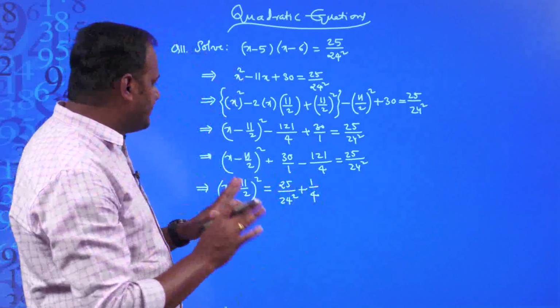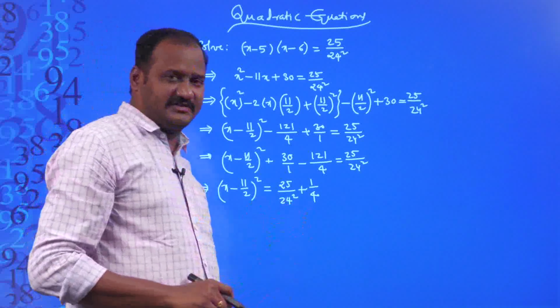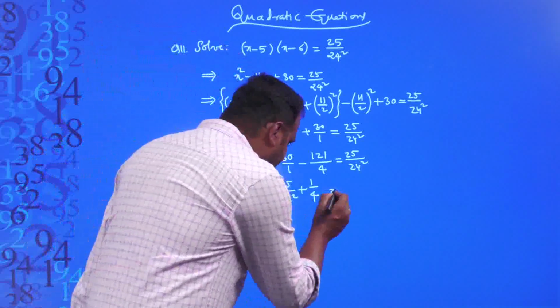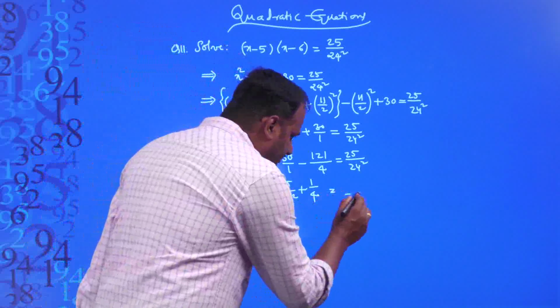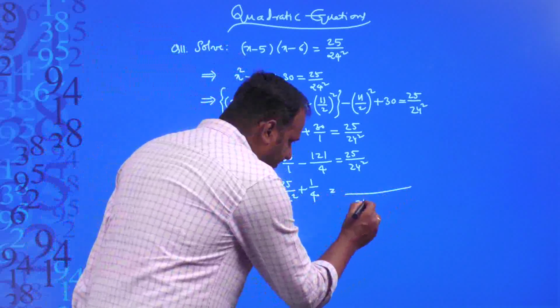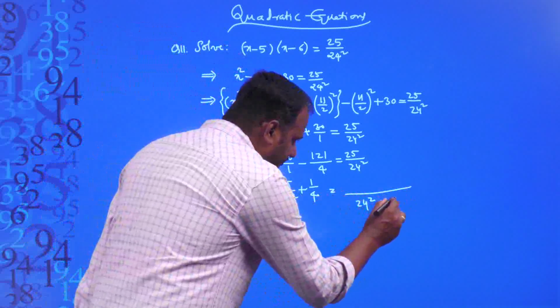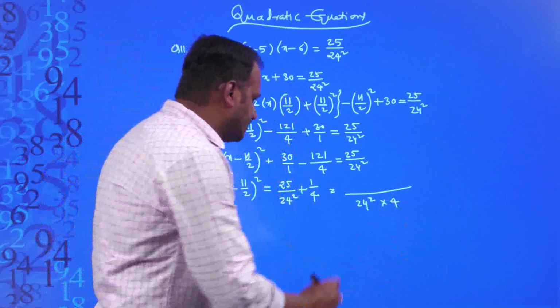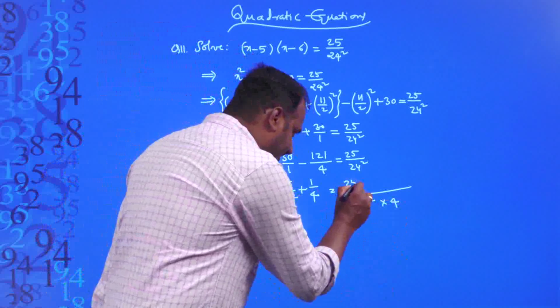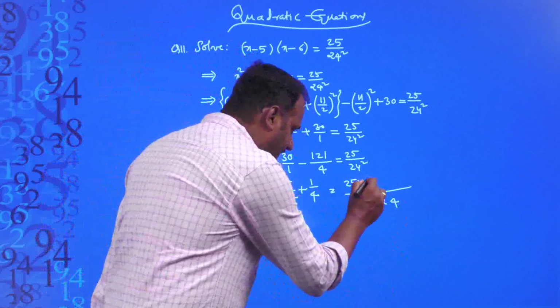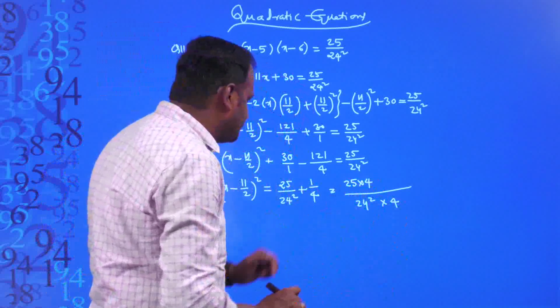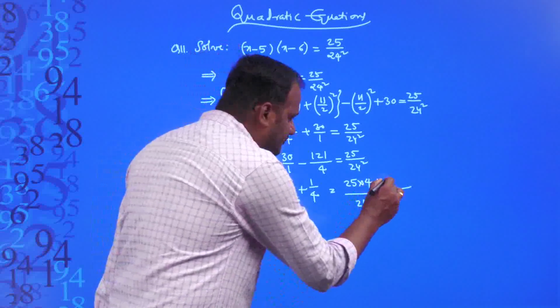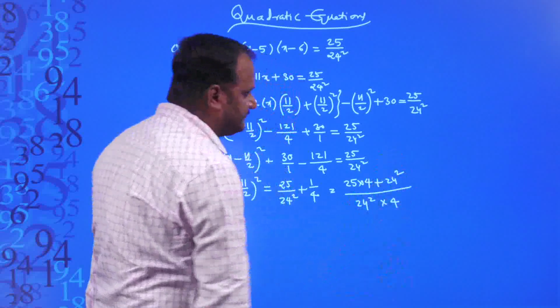I am not going to change anything, I will just try to simplify this. What is the LCM for this 24 square and 4? I will write it as it is, 24 square into 4. That is the LCM. And now 25 into 4, I am not going to multiply, but I will write 25 into 4 only. And then plus 1 into 24 square is 24 square.